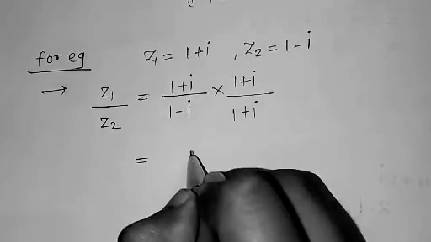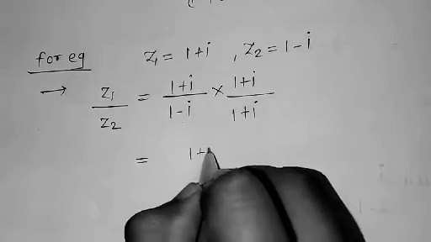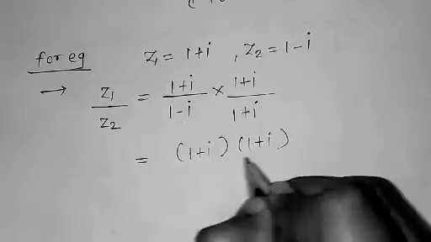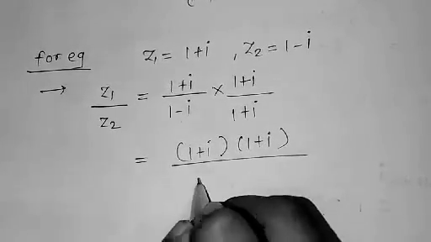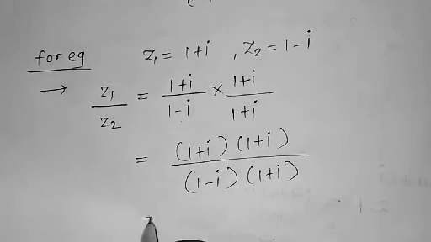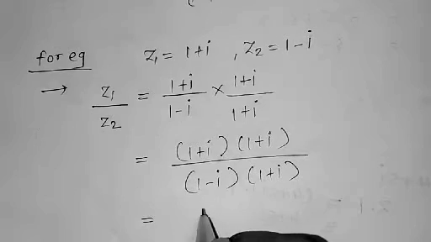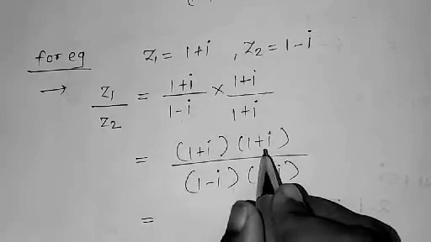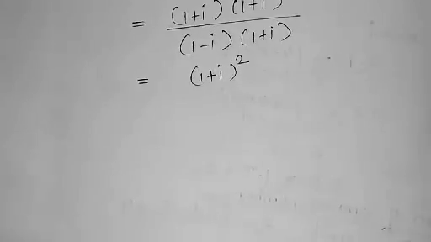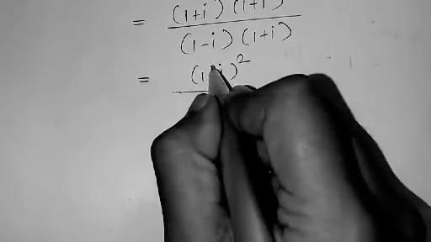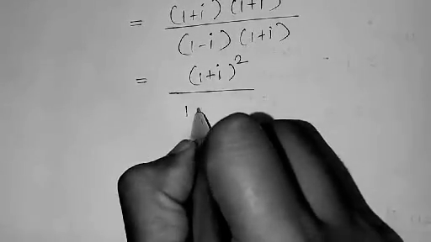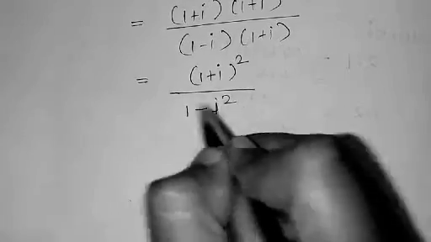So by simple multiplication, 1 plus i into 1 plus i upon 1 minus i into 1 plus i. So we get 1 plus i whole square upon 1 minus i into 1 plus i, which is nothing but 1 square minus iota square.